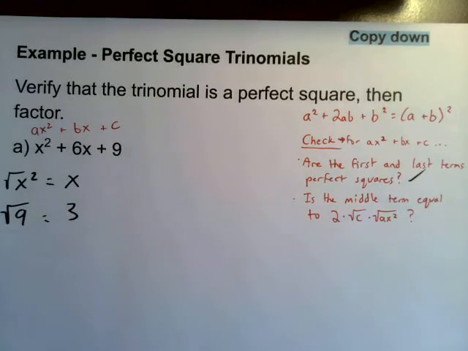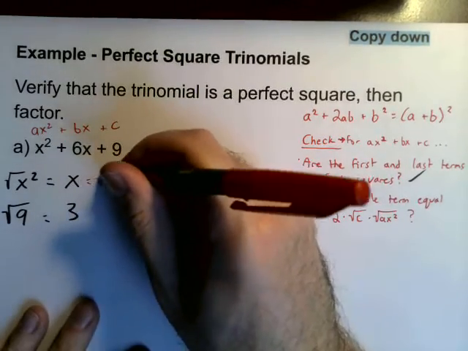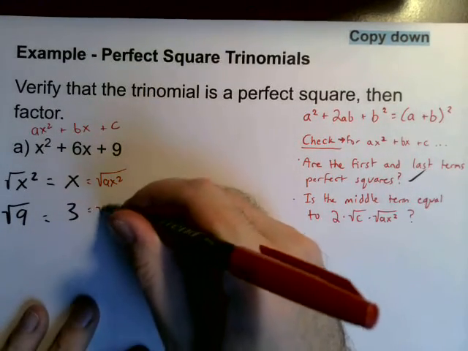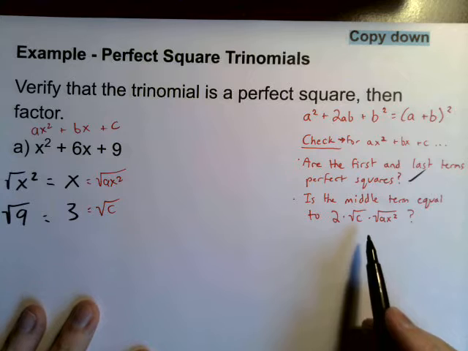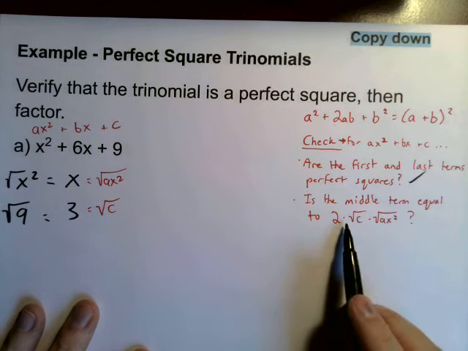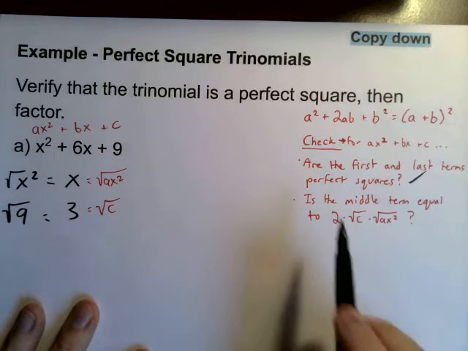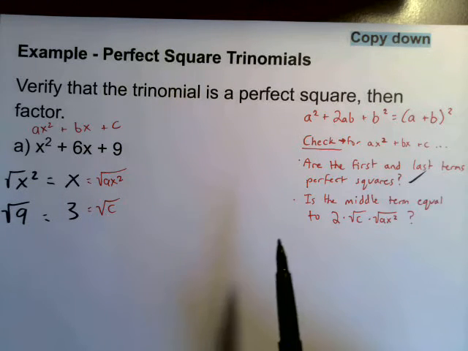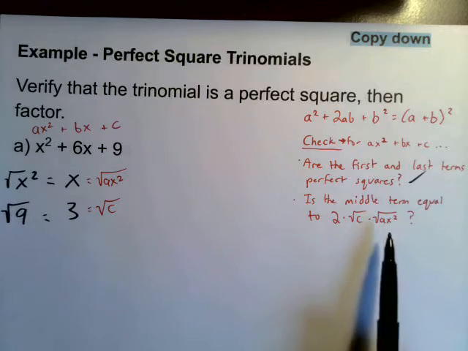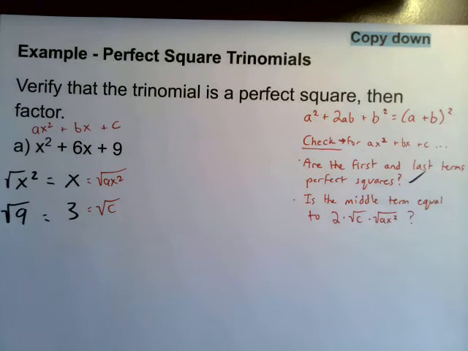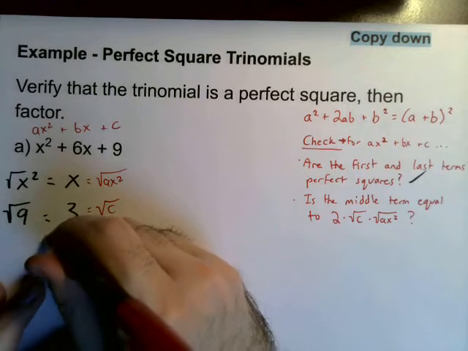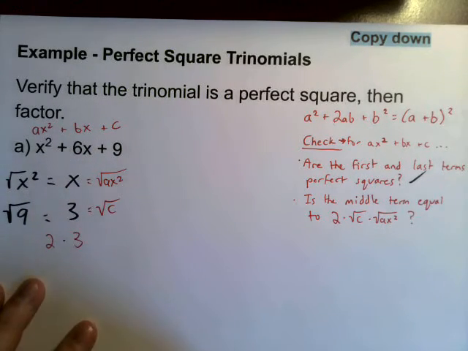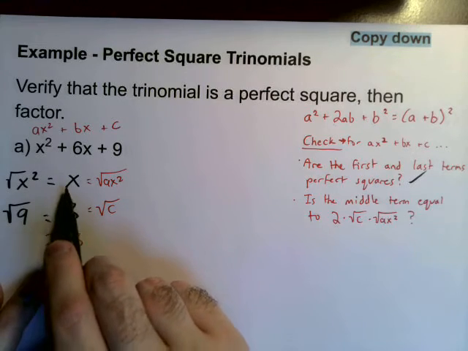So in this case, this is like the square root of ax squared, and then this would be the square root of c. I'm just making that really clear so that we know that it lines up with this second condition that we have to meet. So the middle term, we're going to see if it's actually equal to this. 2 times the square root of c is going to be 3, and then the square root of ax squared, that's x.